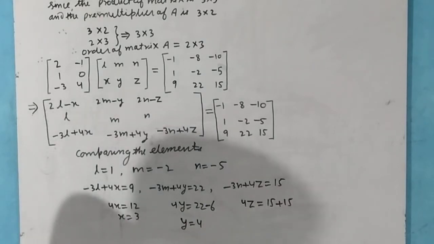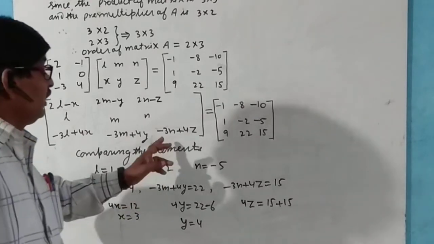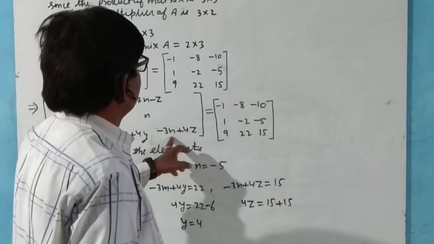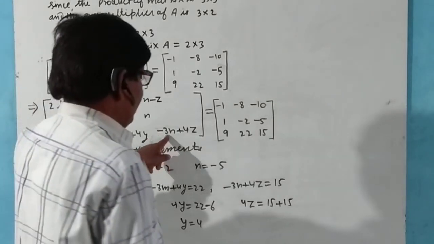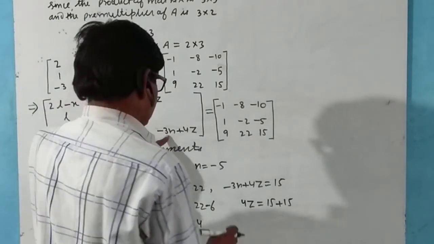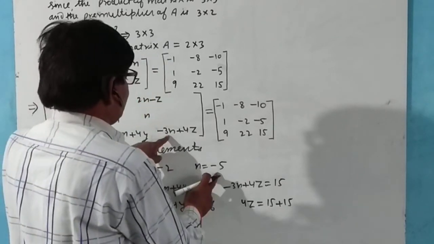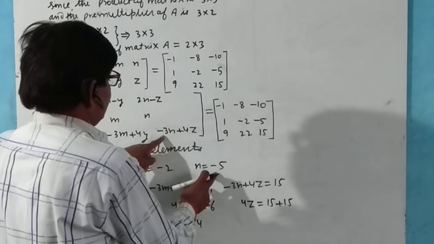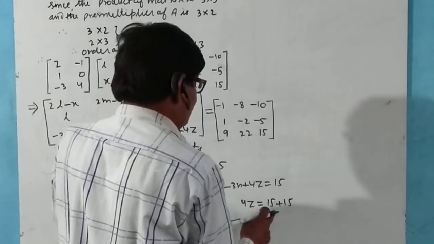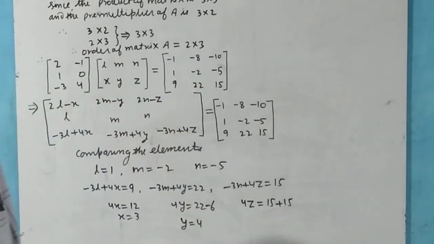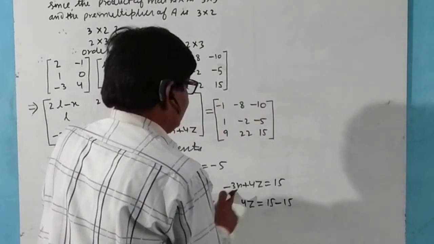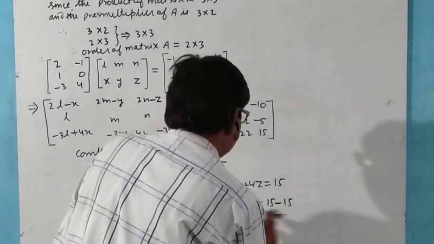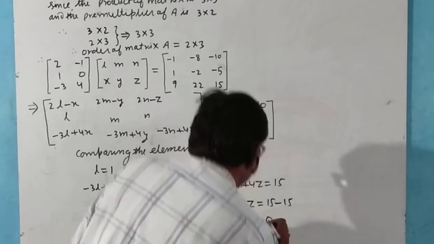Now this minus 3n plus 4z is equal to 15 in this case, so putting the value of n, the sign changes, so that 4z equals 15 minus 15 and z equal to 0.